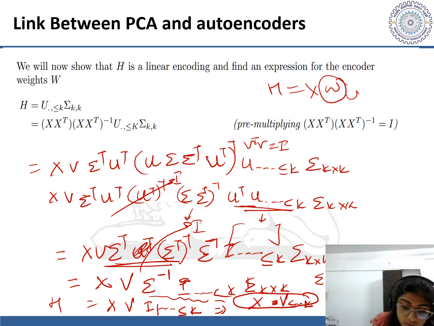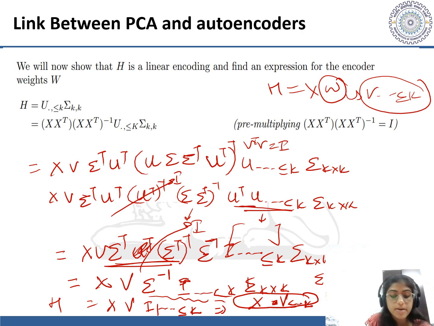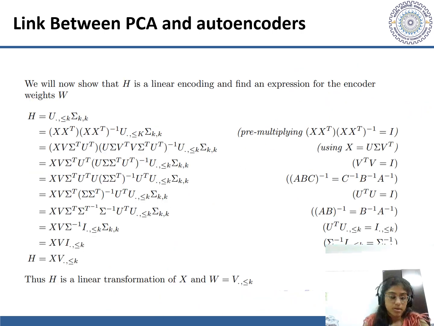Now W was V. This H is a linear transformation of X. Hence H is a linear encoder of X. Proof. This is basically all the transformations I did in the previous slide, which is X transpose, X transpose inverse, and I'm multiplying all those, taking the first k rows of the matrices wherever we get less than equal to k.